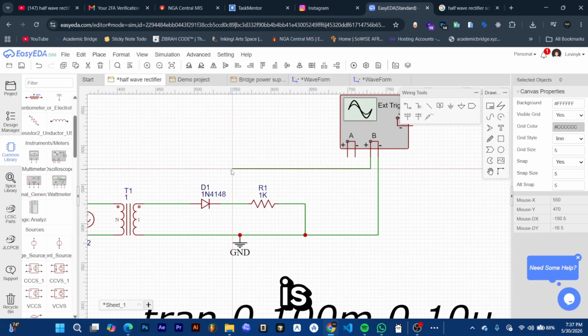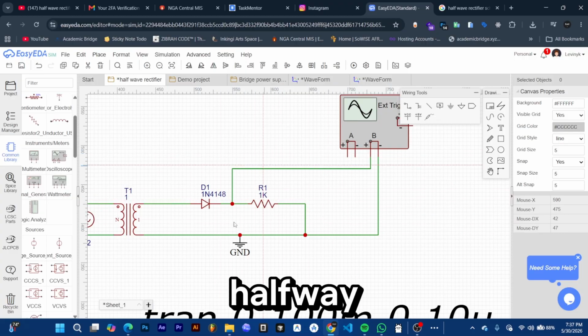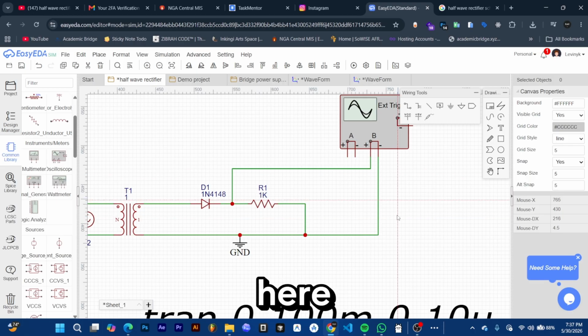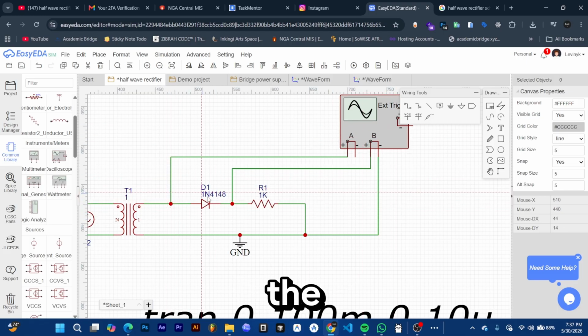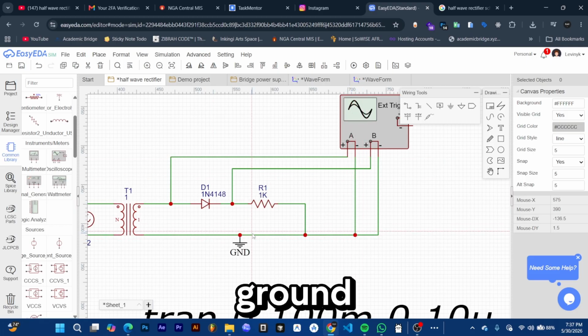So we're gonna have channel B right after the diode, so we can get the half-wave rectification signal right here. If you want to see before that, we can come to channel A and put it before the diode to see how the graph looked before that. And since this line is sharing ground, we'll just simply share them like that.